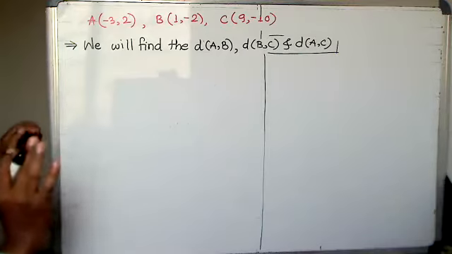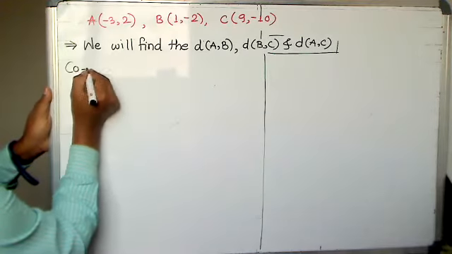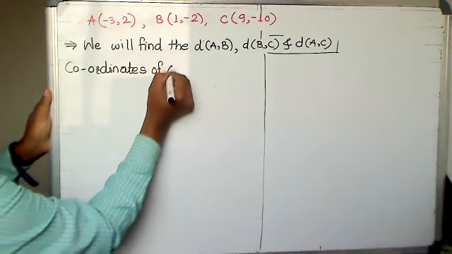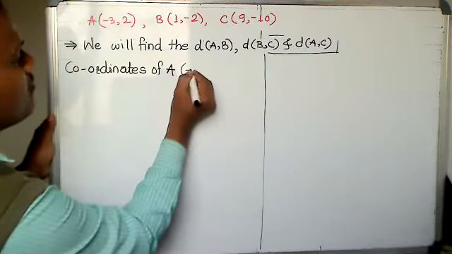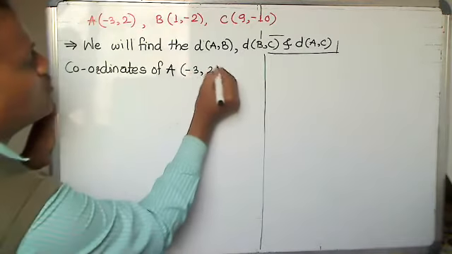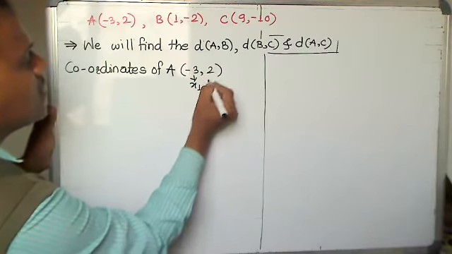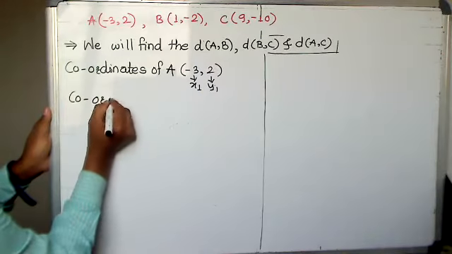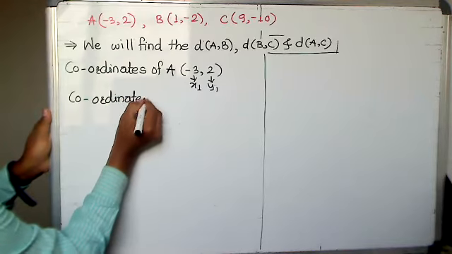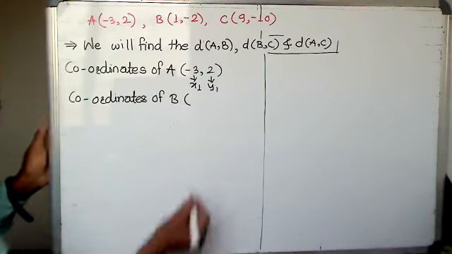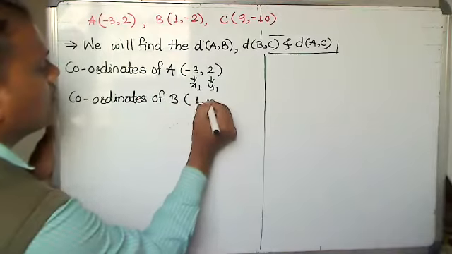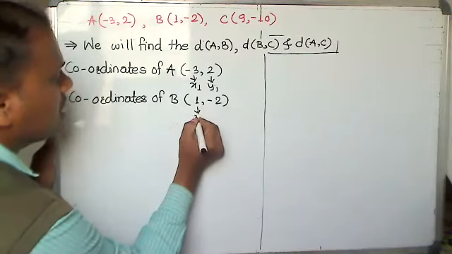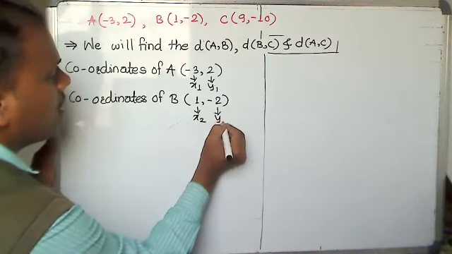Now first, coordinates of A are minus 3 and 2. I am representing this as x1 and this as y1. Again, coordinates of point B are 1, minus 2. So I am referring to this as x2 and this as y2.